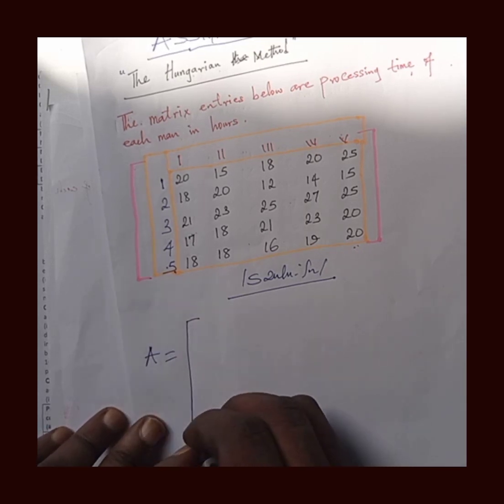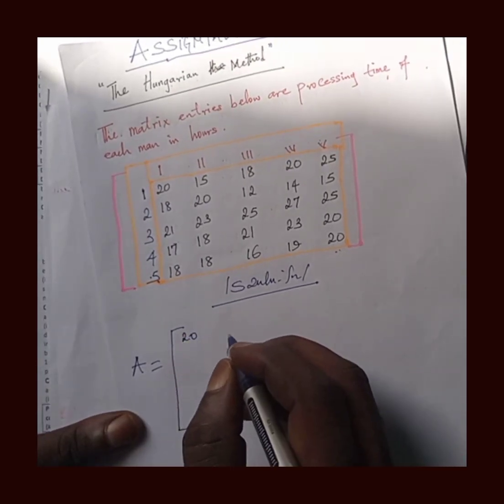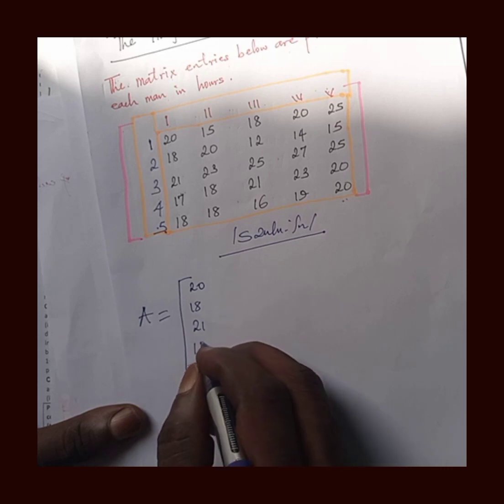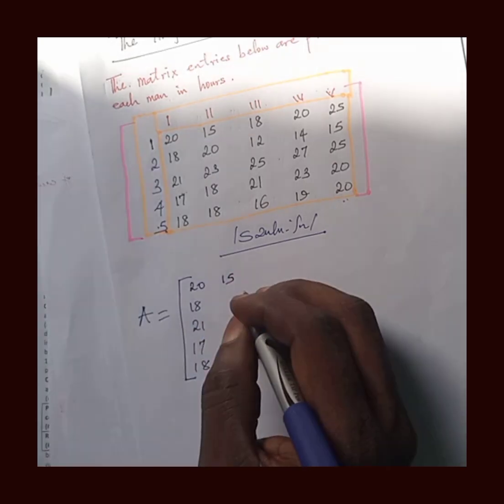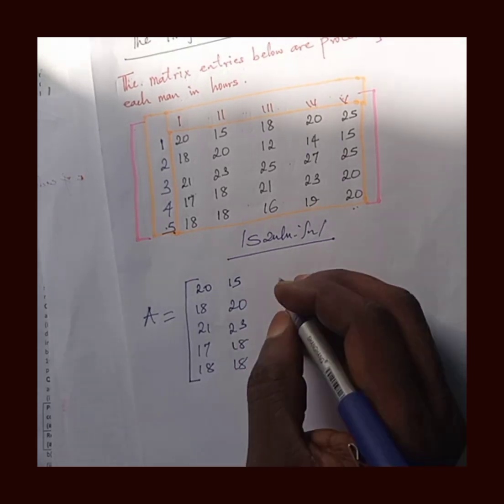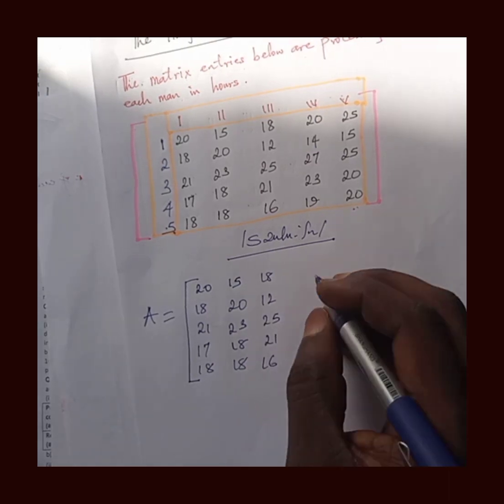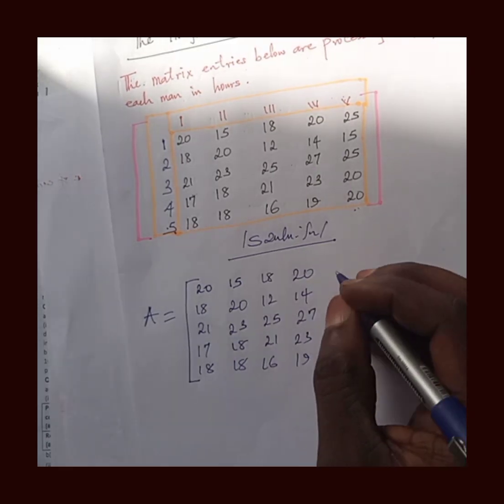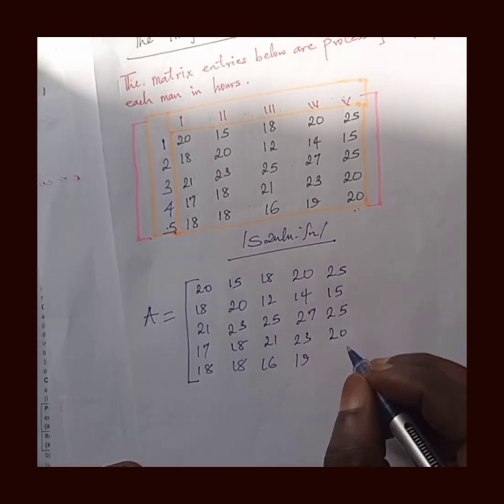Let A be equal to, in hours, 20, 18, 21, 17, 18, and for the second one we have 15, 20, 23, 18, and the third one we have 18, 12, 25, 21, 16, then 20, 14, 27, 23, 19, and the last one we have 25, 15, 25, 20, and 20.